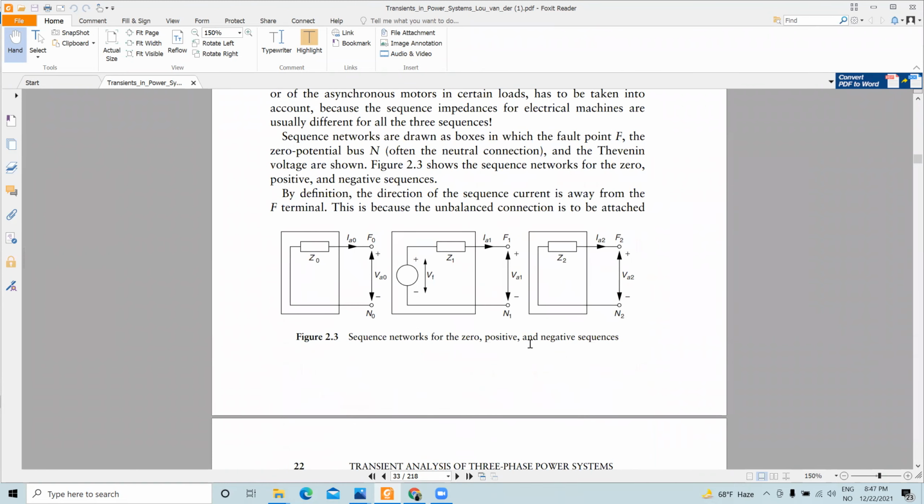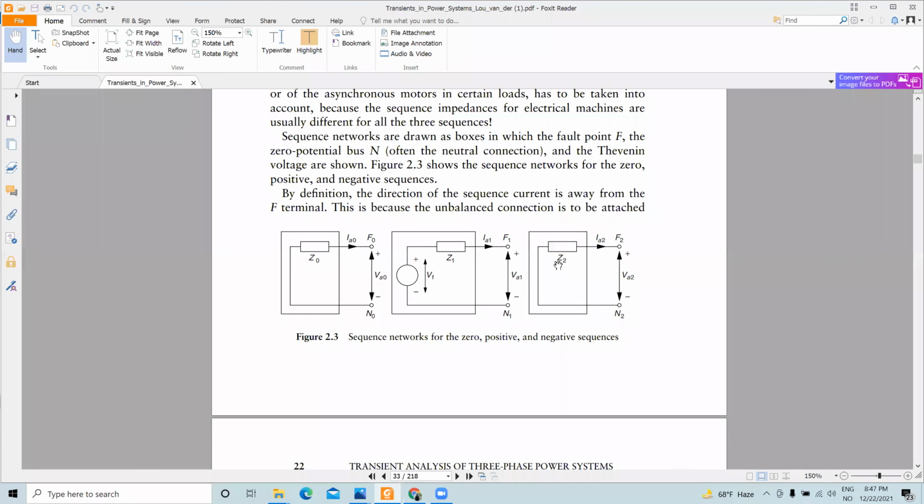That means that if you have a fault, you represent the network by three sequence networks: positive sequence, negative sequence, and zero sequence network, where the positive sequence network has a voltage source. So the positive sequence current flows through the system impedance Z1, and it has a voltage source.